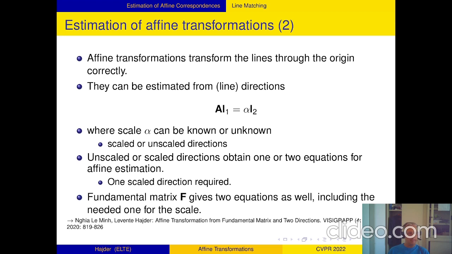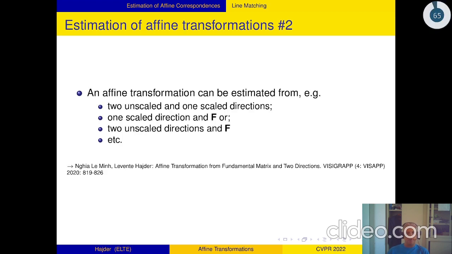This translation gives the translation part of the affine transformation, and then if we have two intersecting lines, they can give more equations, or we can have multiple intersecting lines, of course. And there are different ways. We published very preliminary results two years ago, in 2020, in our paper.